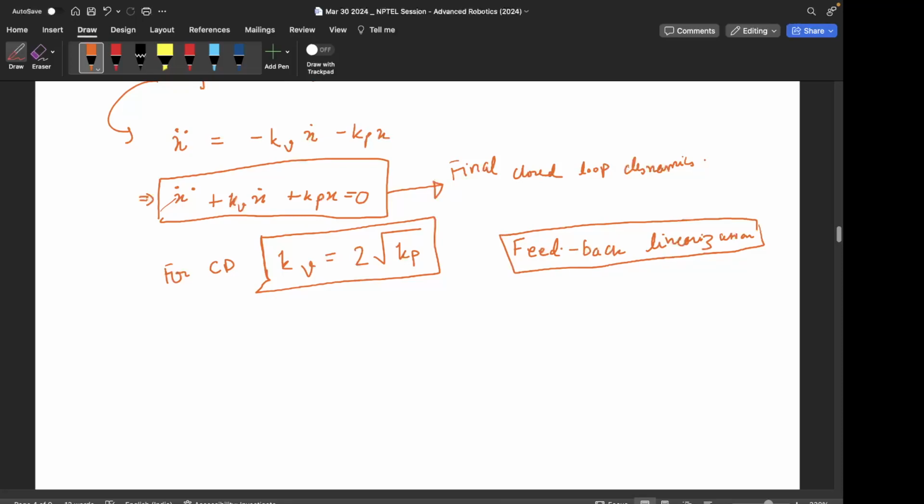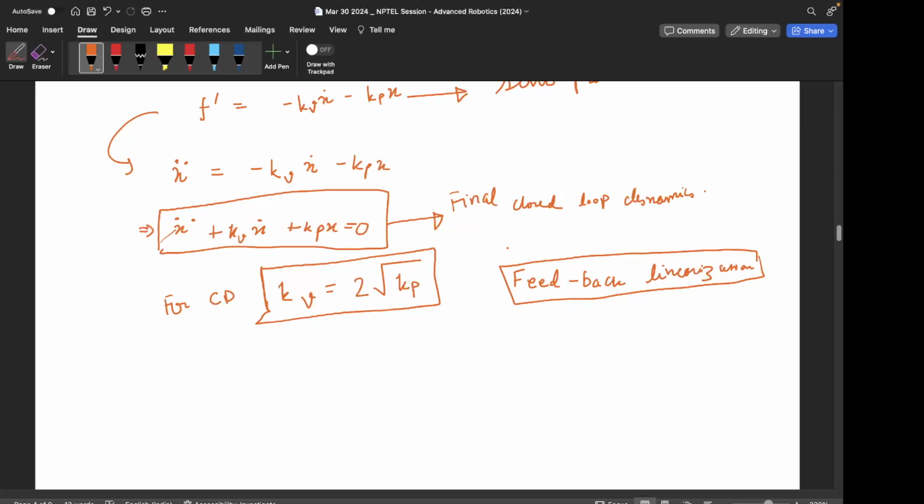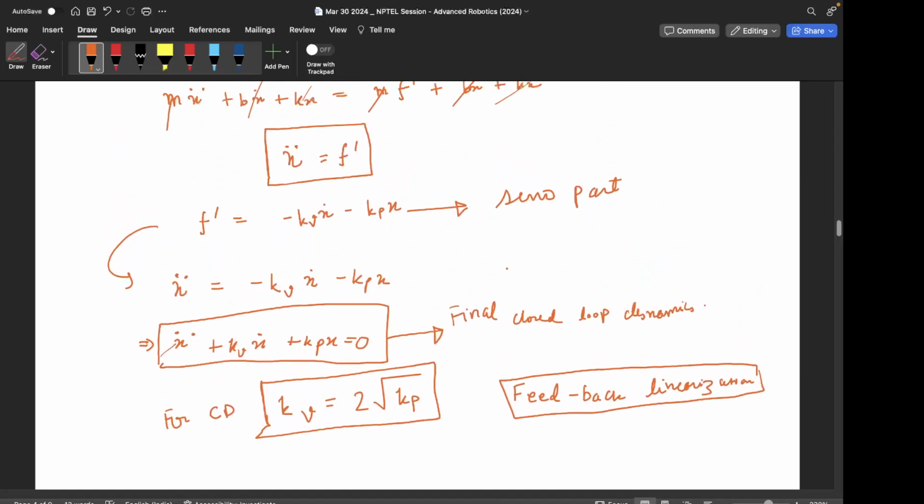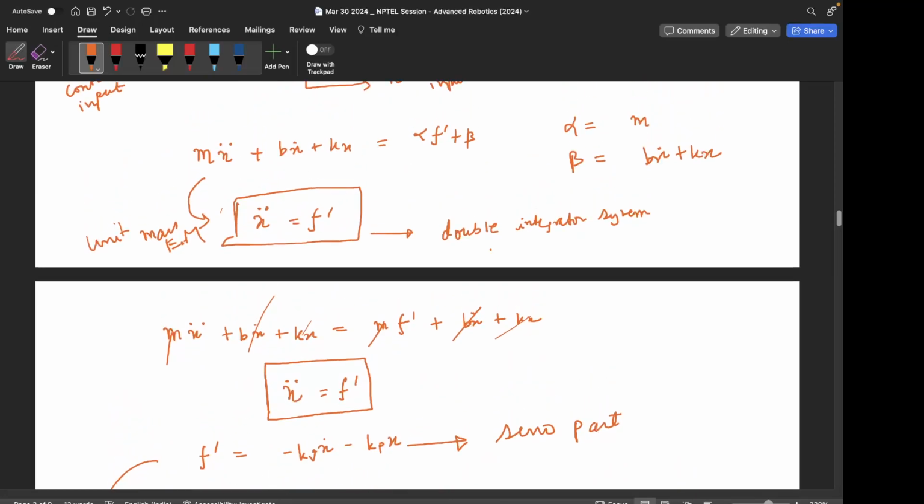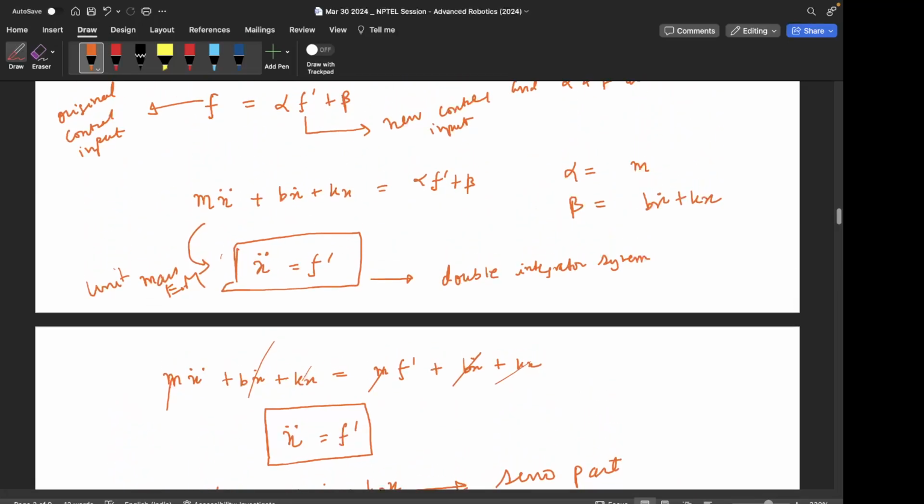Here we need not specifically say this term, because the system that we started with was originally a linear system itself, but similar things happen there also, that we modify the control input by a change of variable, like we did here.